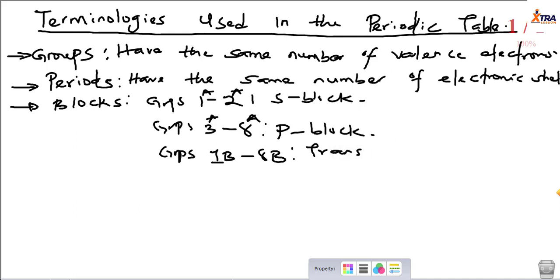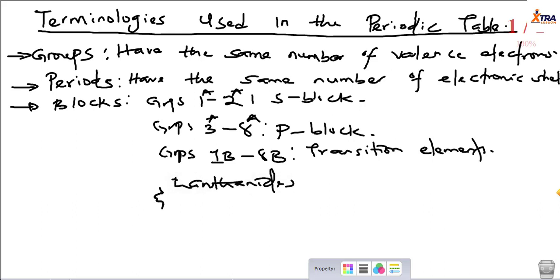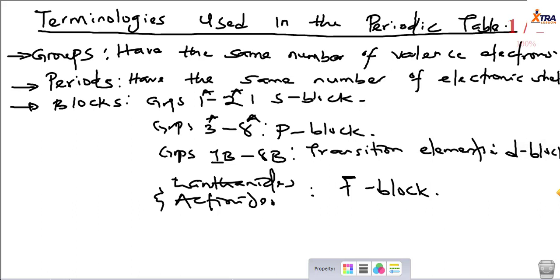Please don't be cracked up about this. Don't be pissed off. We'll talk about every one of them in detail. The lanthanides and actinides are F block. Sorry, the transition elements are D block elements, and that is how we classify elements into these categories.